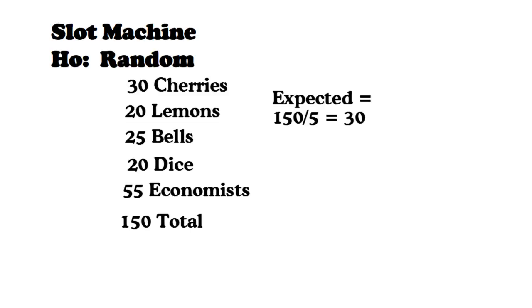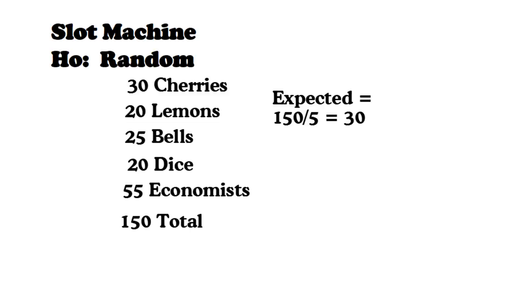And they've called you up and asked you to tell whether or not this roulette wheel is random. So you have the null hypothesis that it's random. That's the null hypothesis we always use. And you spin this wheel 150 times. There's 5 things on this wheel: a cherry, a lemon, a bell, a dice, and an economist on the slot machine wheel.